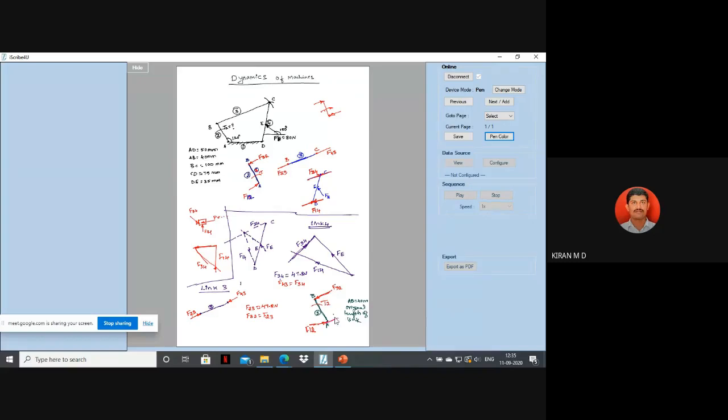From any one, you draw the perpendicular line. This distance I'm going to consider as h. So now T2 is equal to F32 into h, whose value you need to calculate. This is our final answer that we require.